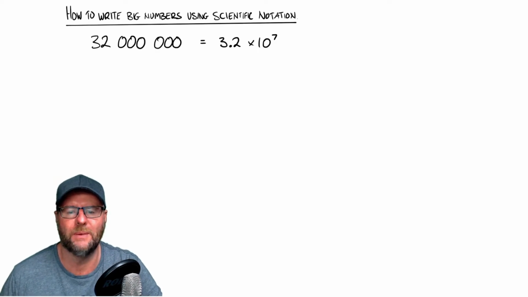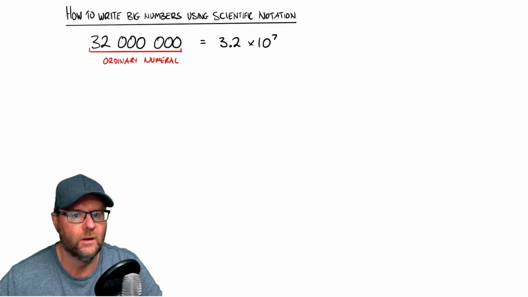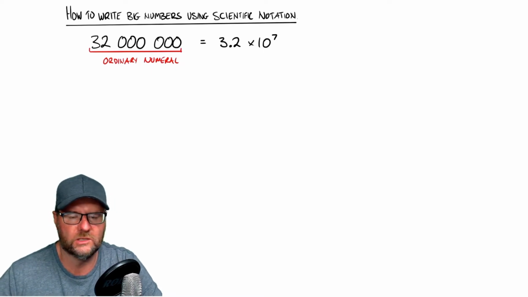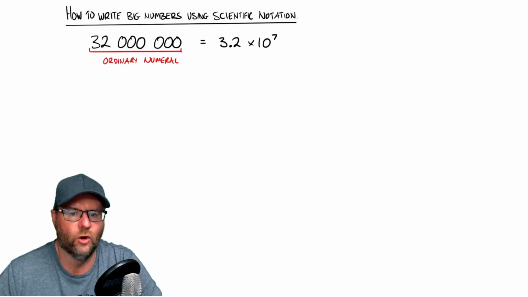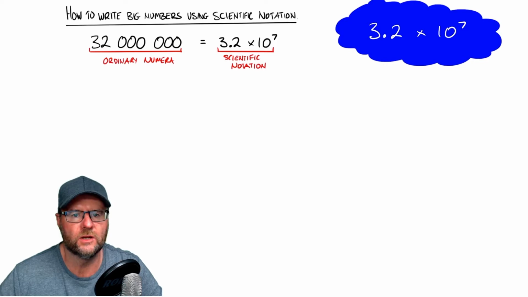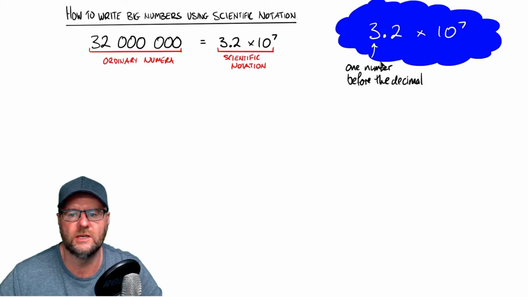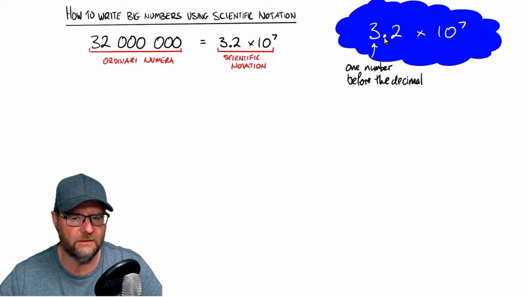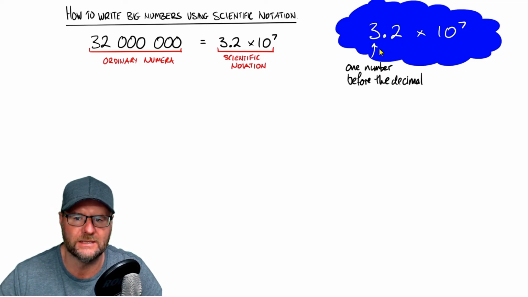So let's pull that apart and have a look and see what we've done to get from what we call an ordinary numeral, which is just when it's written in sort of normal numbers, to this scientific notation format. There's a couple of things you'll notice when we talk about scientific notation. You'll see that there's one number before the decimal. There's two pieces. There's this bit at the front, which is the decimal bit.